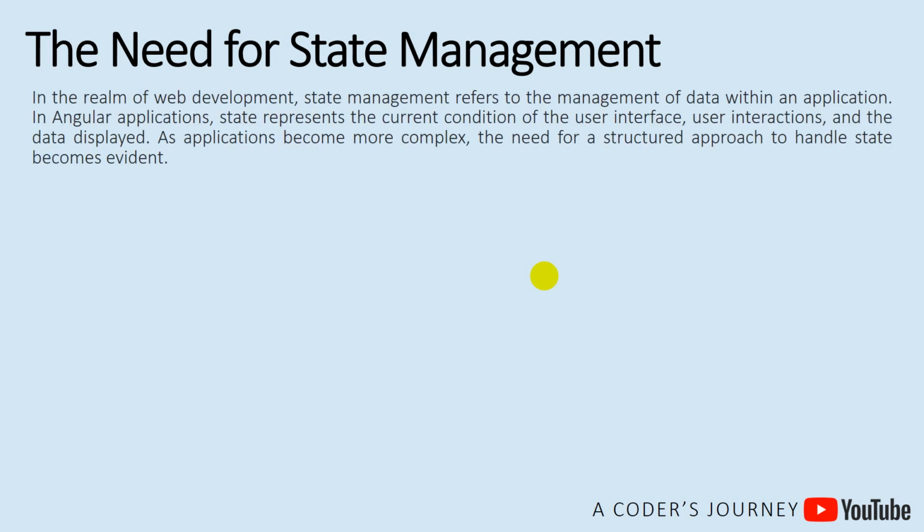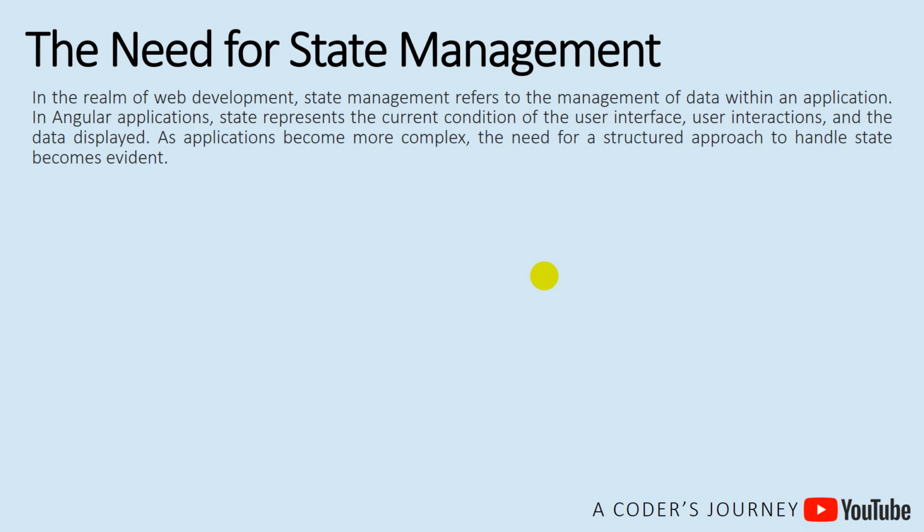In the realm of web development, state management refers to the management of data within an application. So a state means data, or the collection of the data which represents, right, the state actually of your application. So in Angular applications, state represents the current condition of the user interface, user interactions, and the data displayed.